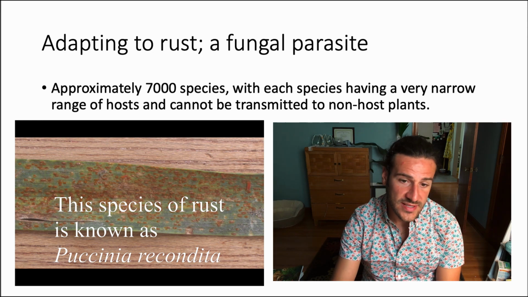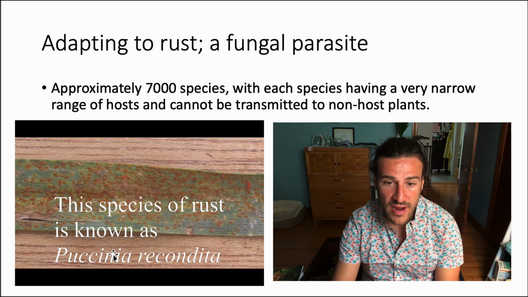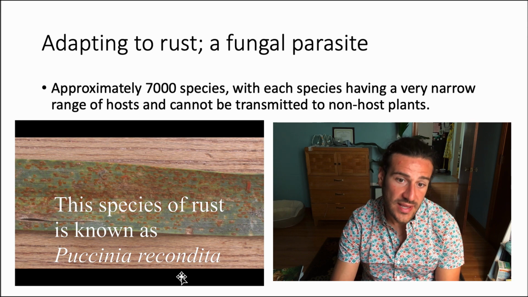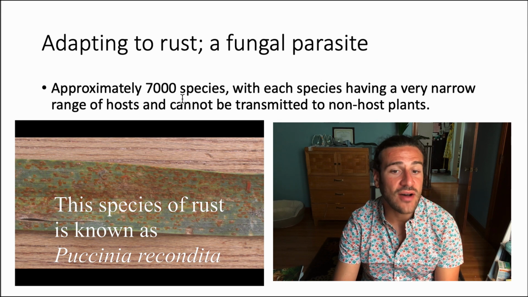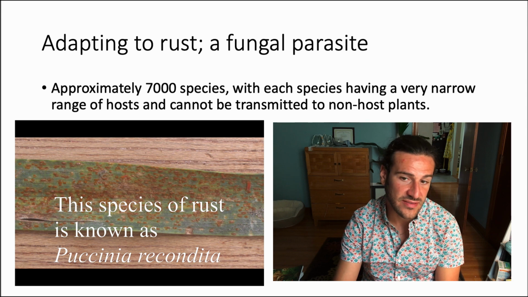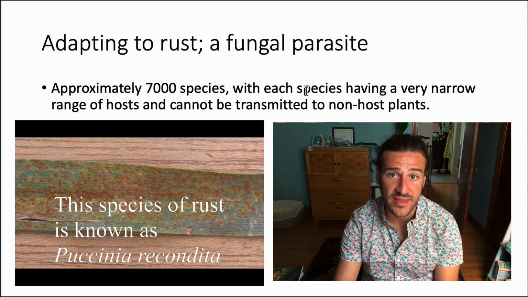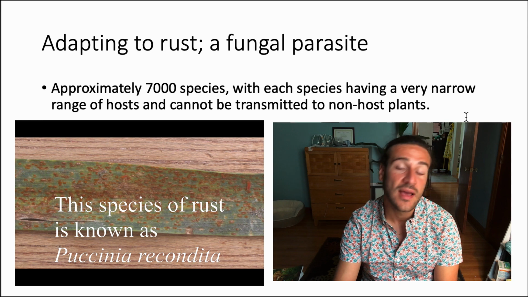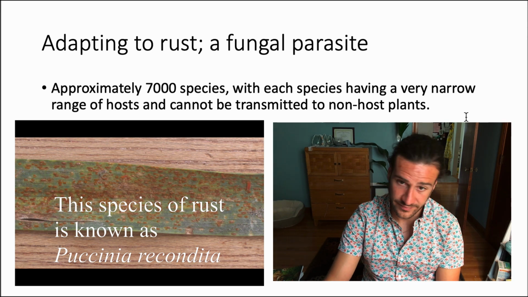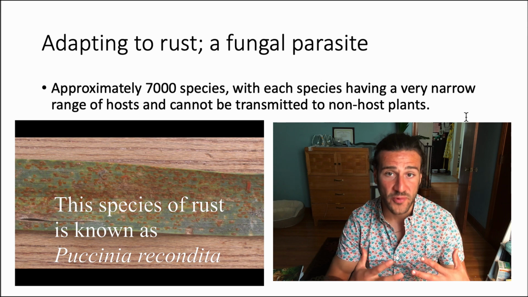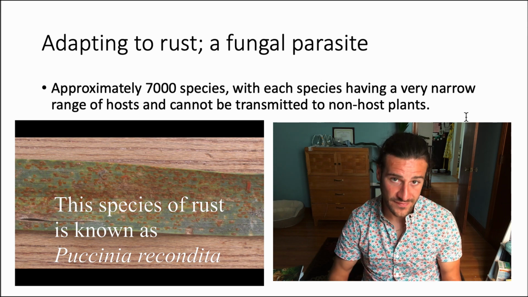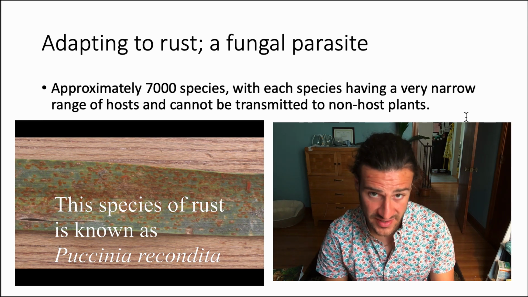So this picture is a blade of grass that has rust that is consuming this leaf material. Now there are 7,000 species, even more than 7,000 species, but roughly 7,000 species of rust on our planet. And many of them parasitize the plants that we eat or use for textiles and such.